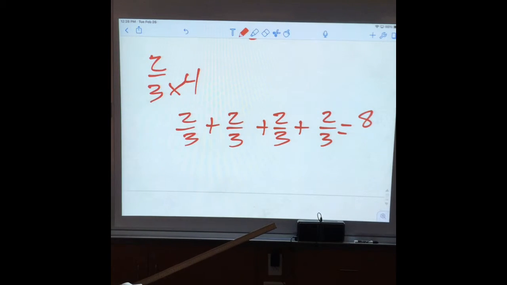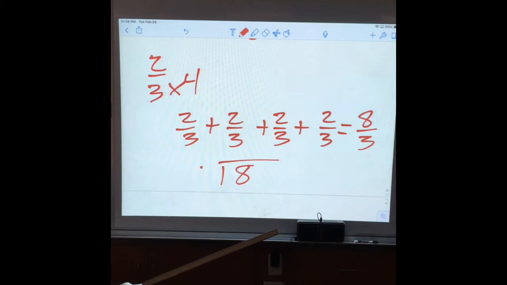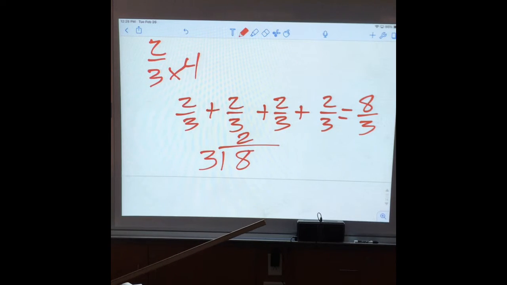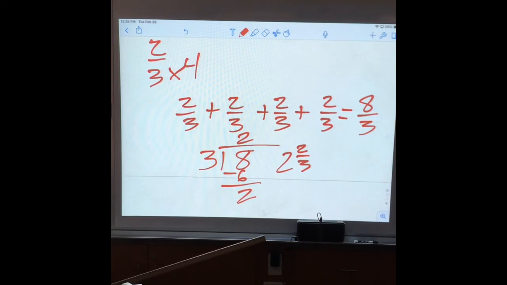We have 8 over 3. We put the 8 in the house, the 3 on the outside. How many 3s are in 8? Well, 3 times 2 is 6. Leaves us with 2. So our answer is 2 and 2/3.